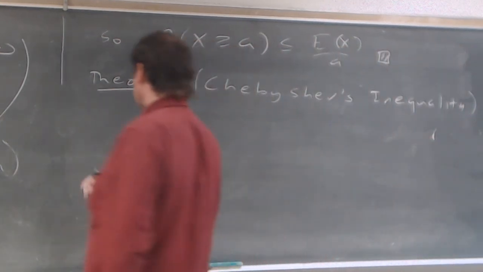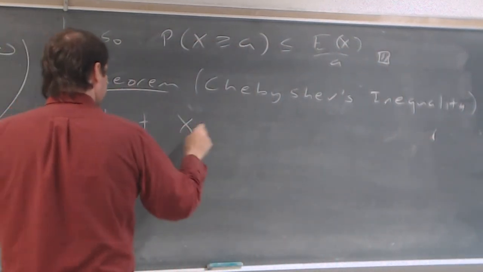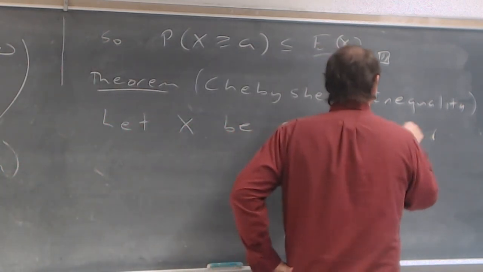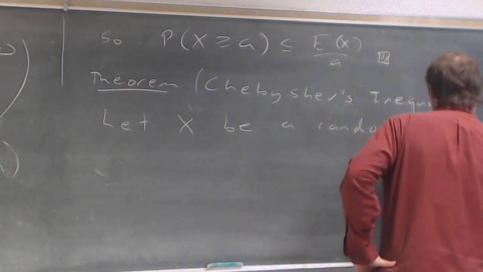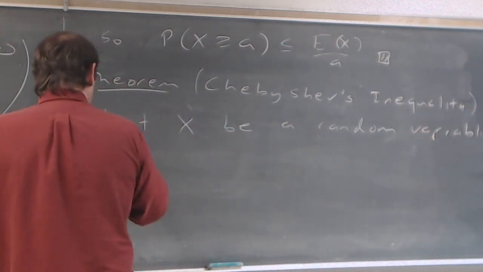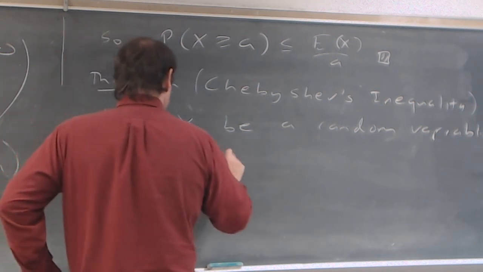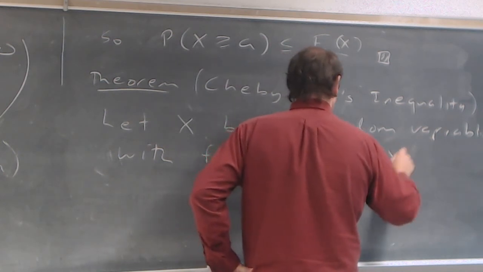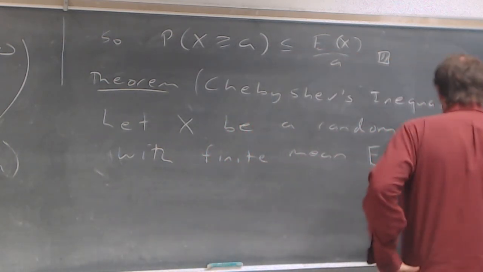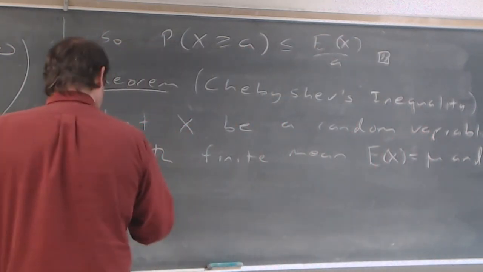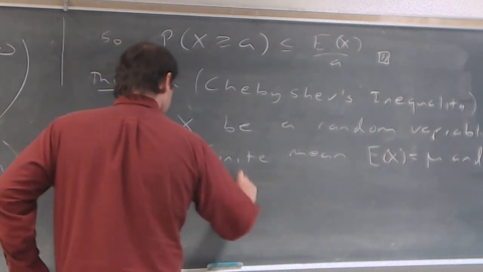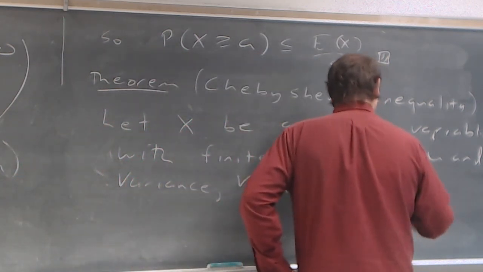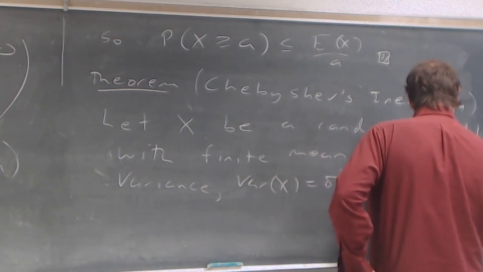So it says: let x be a random variable with finite mean, that's the expected value of x, equal to mu, and variance, the variance of x equals sigma squared, and let k be greater than 0.